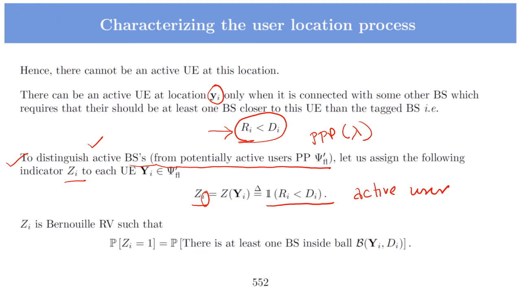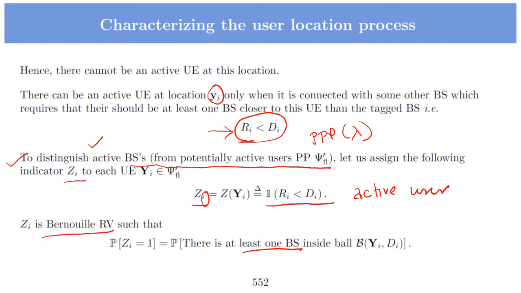What is the probability that a user is active? Remember, Zi is a Bernoulli random variable. It can only be 1 or 0, and it is 1 when the probability that Ri is less than Di holds. Ri is less than Di means there is at least one base station at a distance Ri, less than Di, from the user yi.